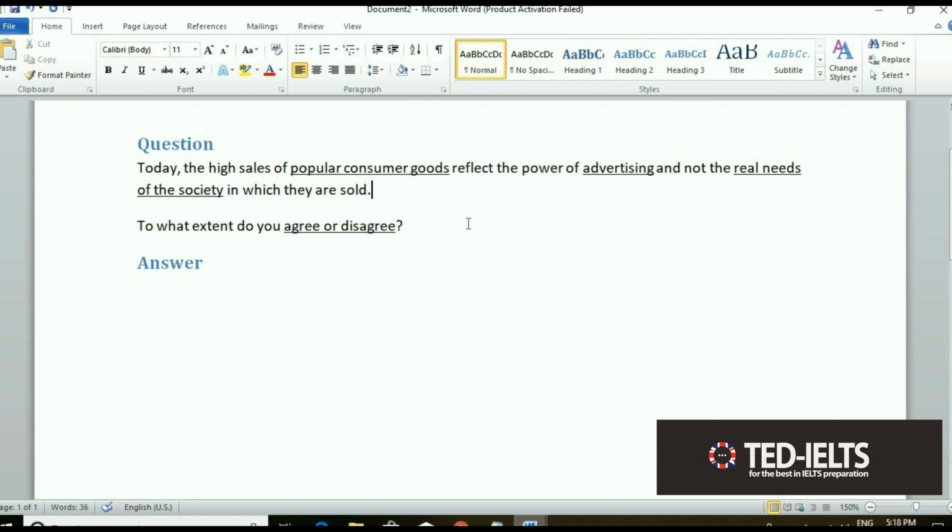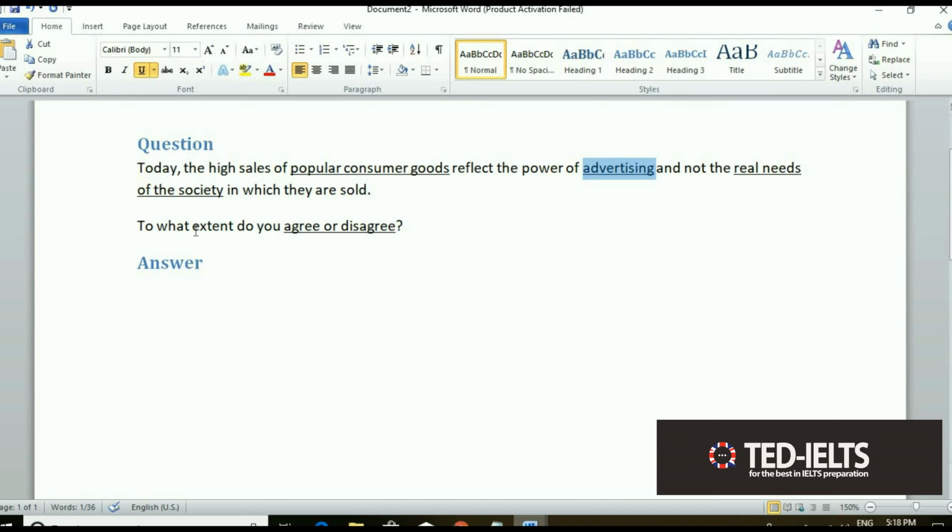And here I think that relates to the word advertising. I think it's the power of advertising that has that influence. So this is kind of what the question is saying, and it asks us, to what extent do you agree or disagree? And I think in this case, I agree. I already kind of said that, but yeah, I agree with this.